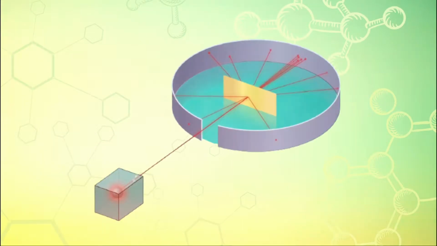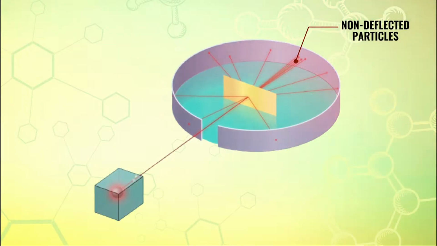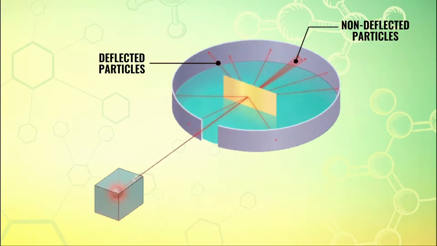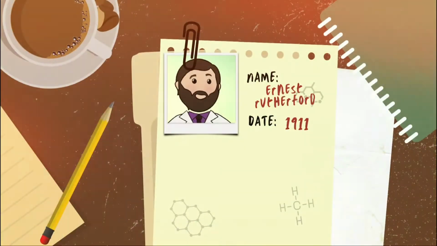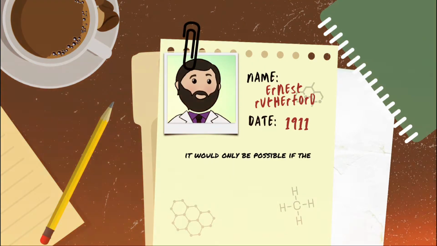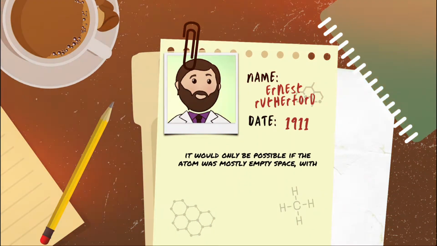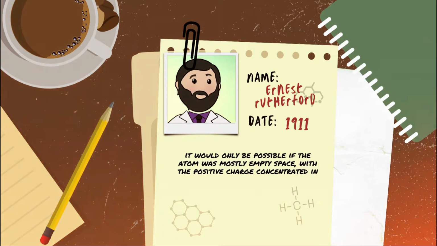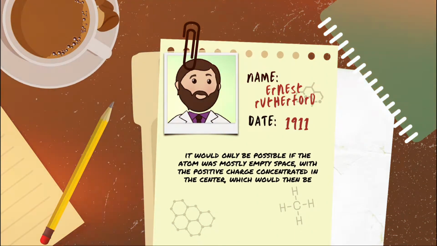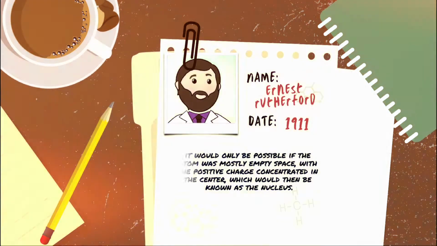During his experiment, however, even though the alpha particles did pass through the foil with little or no deflection, a very small number of particles were deflected at very large angles, which he did not expect to happen. His only explanation was that this would only be possible if the atom was mostly empty space with the positive charge concentrated in the center, which would then be known as the nucleus.